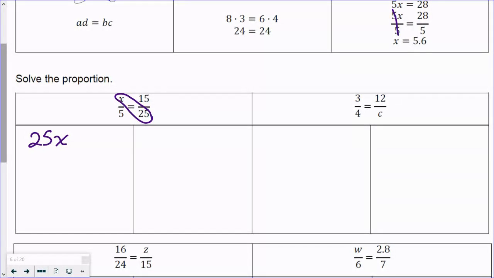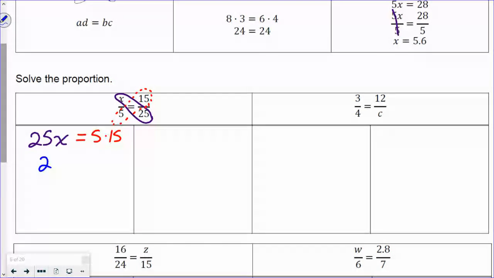Even if just to show you a color-coded version of where we're getting our numbers, this is the same as 5 times 15. That's setting it up. Then I just need to take my 5 times 15.